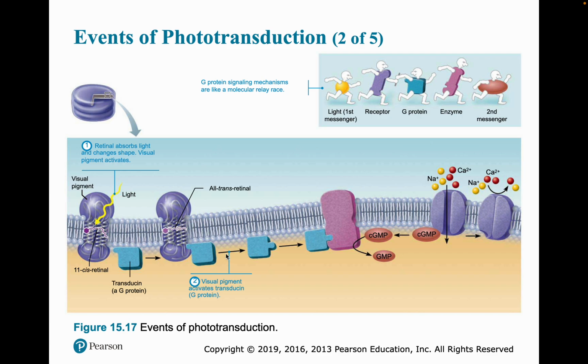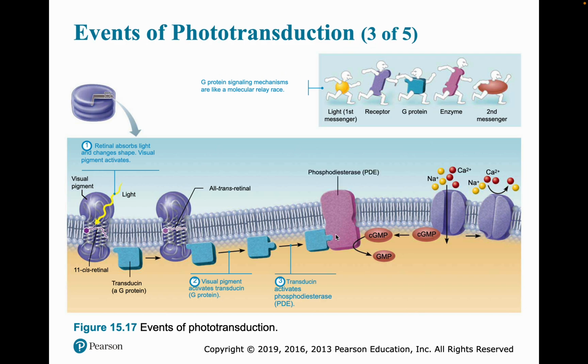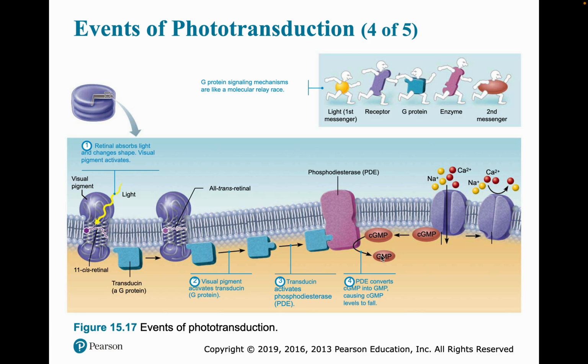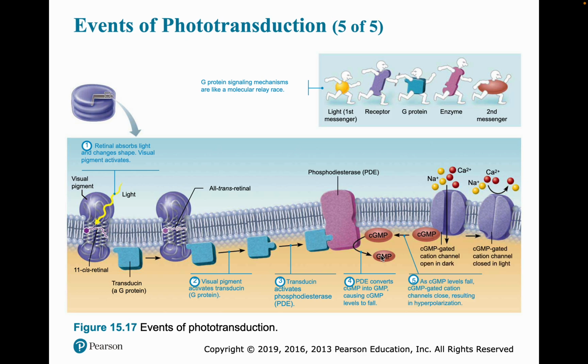Transducin binds to PDE, phosphodiesterase, causing phosphodiesterase to take cyclic GMP and make it into the linear form of GMP. And the lack of cyclic GMP is going to close these channels, and closing those channels causes the cell to hyperpolarize, and the hyperpolarized cell begins the signal transduction process.